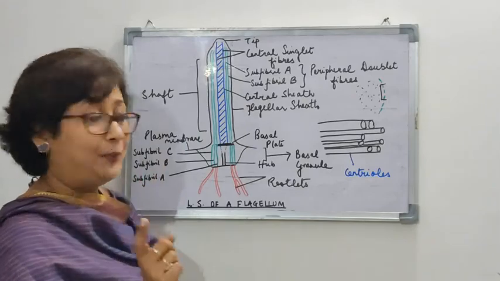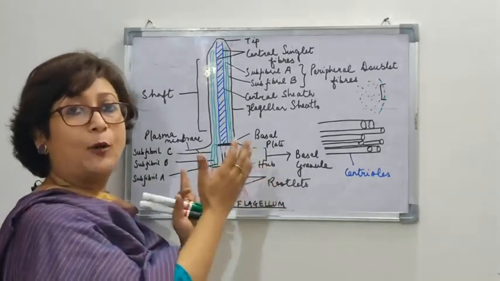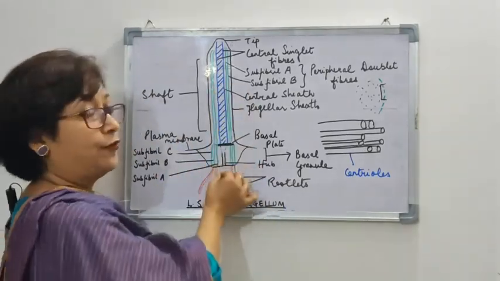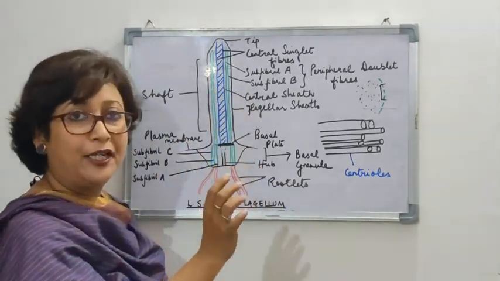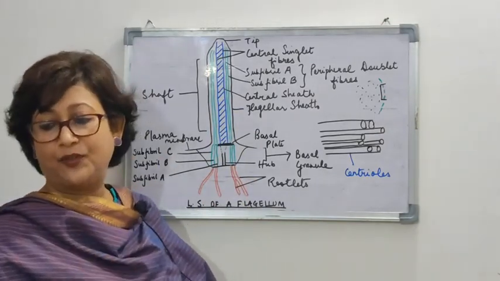That means the basal granule or the basal body is devoid of the central fibril. Devoid means the central fibril is not present.